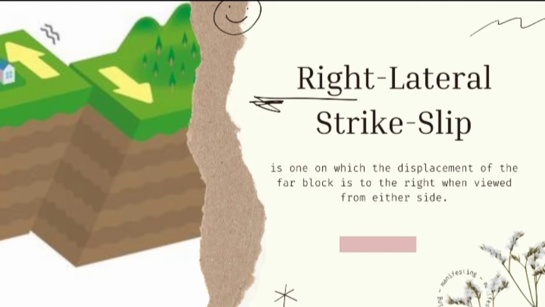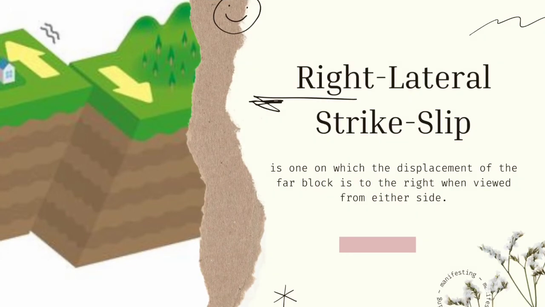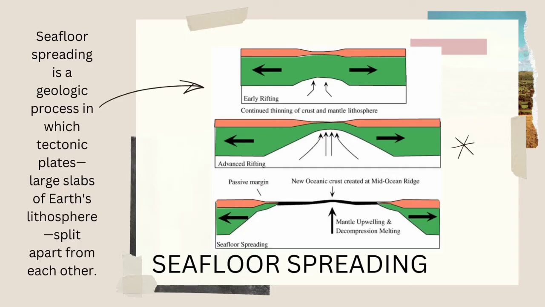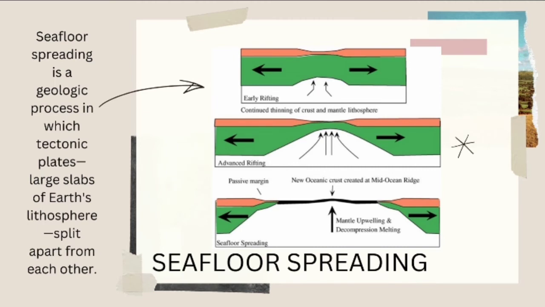The seafloor spreading. Seafloor spreading is a geologic process in which tectonic plates, large slabs of Earth's lithosphere, split apart from each other. Seafloor spreading is what happens at the mid-oceanic ridge, where a divergent boundary is causing two plates to move away from one another, resulting in spreading of the seafloor.